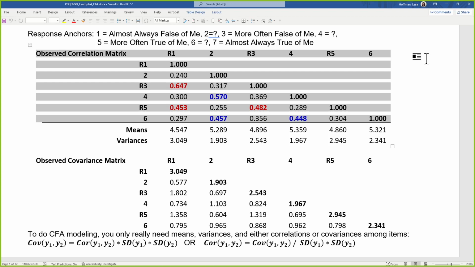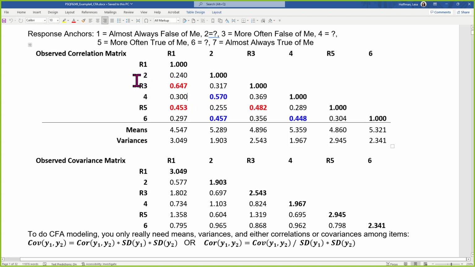The purpose of a factor is to predict, to recreate, to say this is why the items are related: because they're all measures of this one common thing. If the items are not related, they can't possibly be measuring one common thing. So these are at least positive correlations. Everything's been reverse coded. But as highlighted by the red and the blue here, there's a pattern to them.